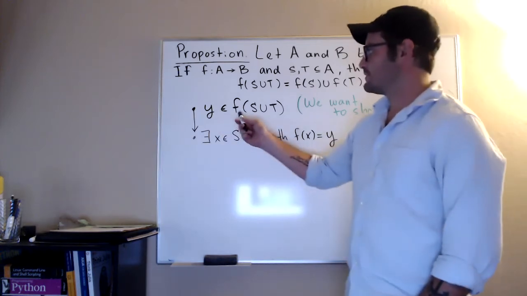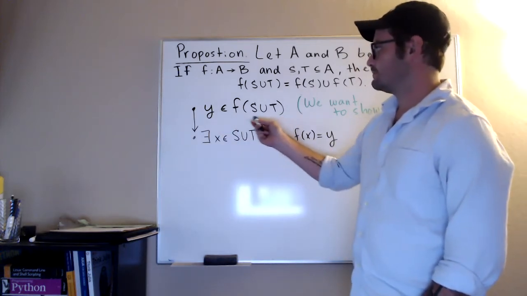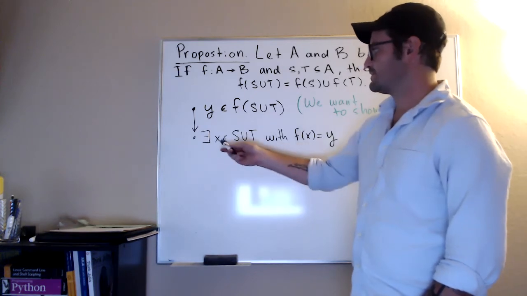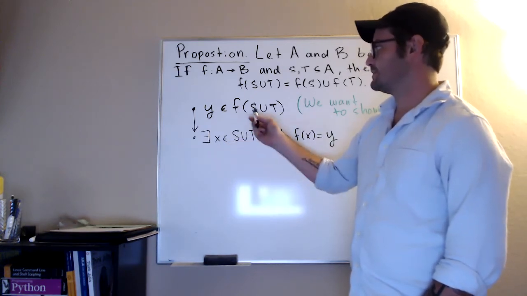Like, if y is in the image of here, then there must exist something here that is sent to it.